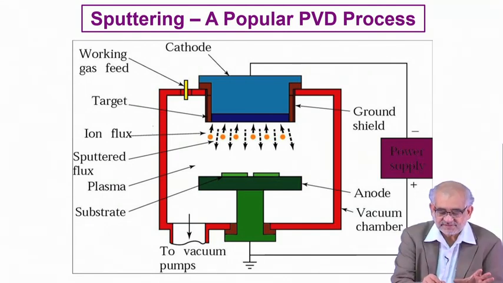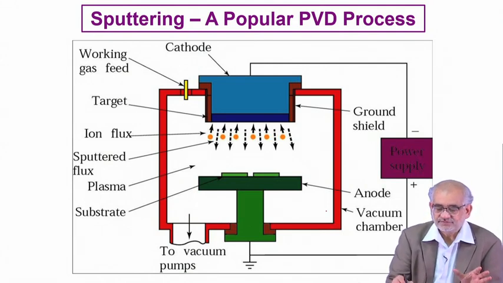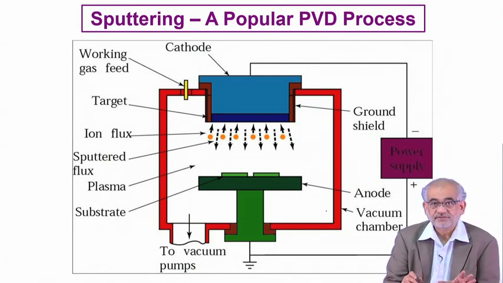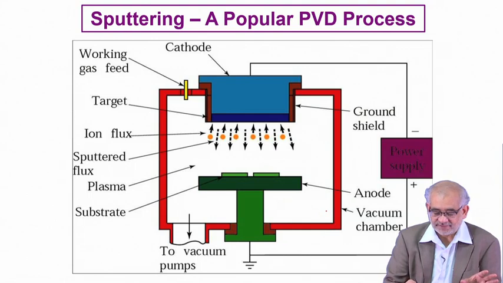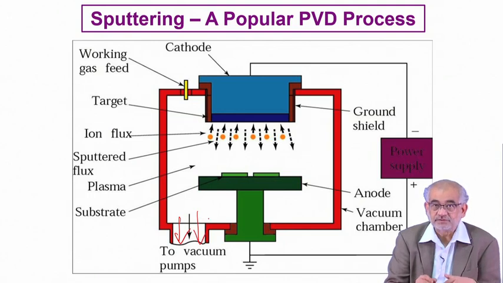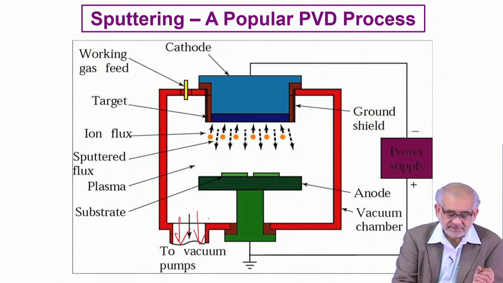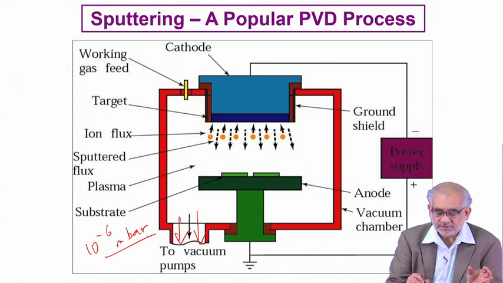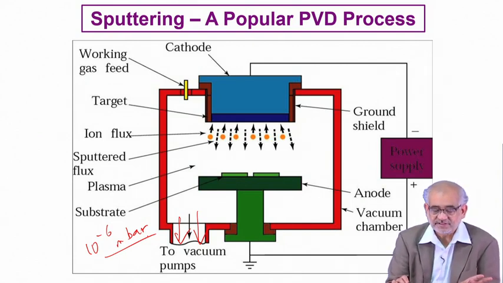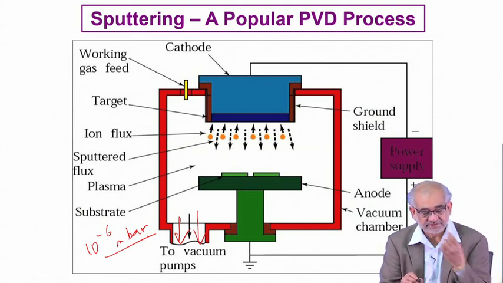So first, we have an enclosed chamber which we need to evacuate. This is how we can pump down to very low pressure, let's say typically 10 raised to -6 millibar. So after evacuation, there's no oxygen, there's no other reactive gases inside, very low pressure.